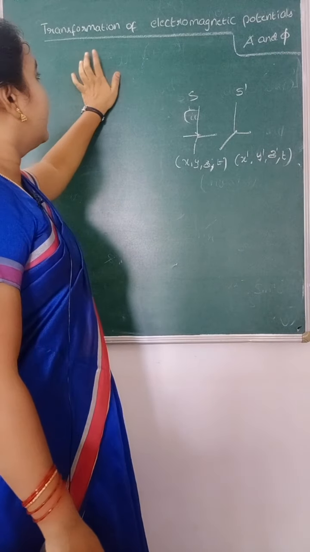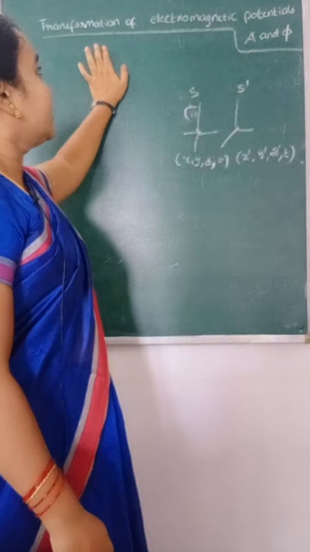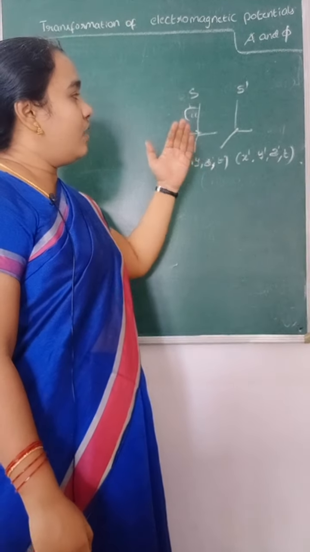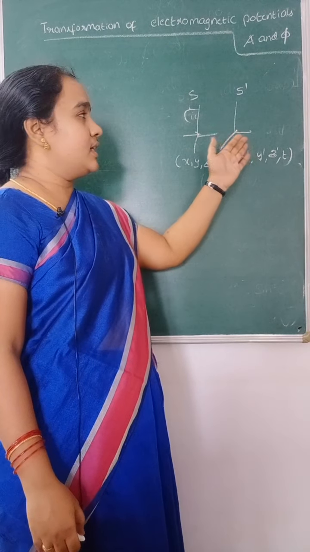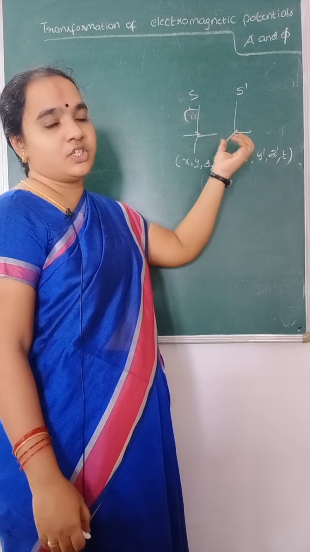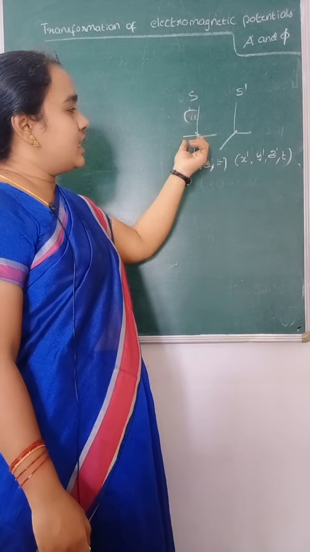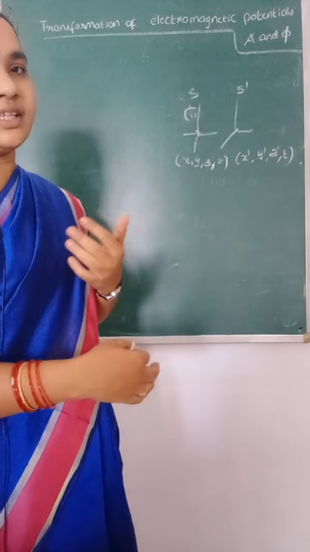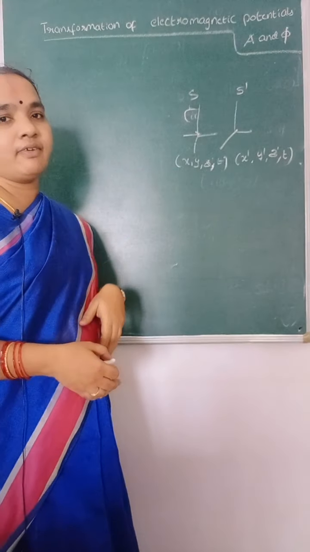Our next topic, I am directly going to it, is the transformation of electromagnetic potentials: how we can transform the electromagnetic potentials with reference to a separate inertial frame of reference, and how the initial and the final potentials vary for that particular charged particle. In this class we will define that.